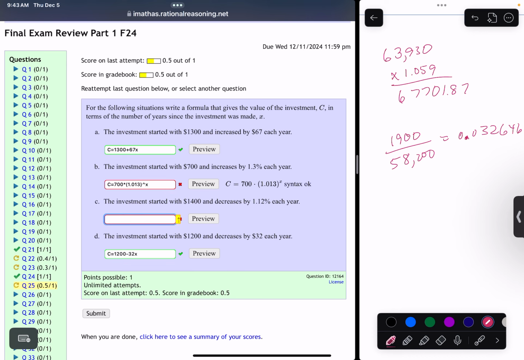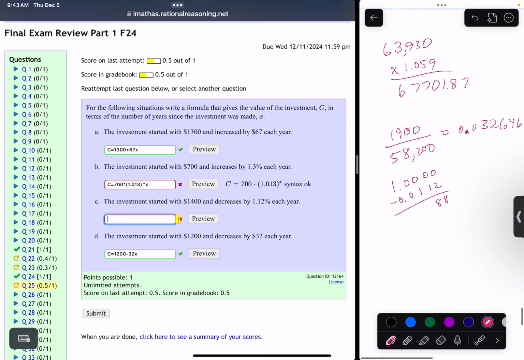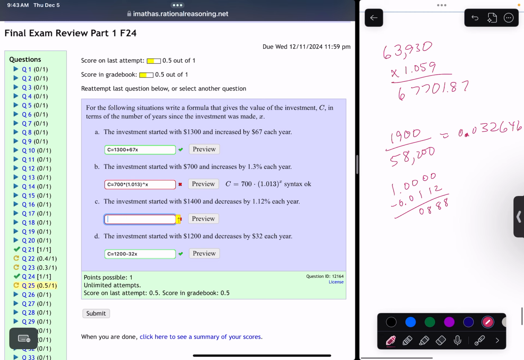Now here we're decreasing, so we need to take 100 minus off the percentage. So if we do that, I think it's 0.9888 if I did that subtraction right.